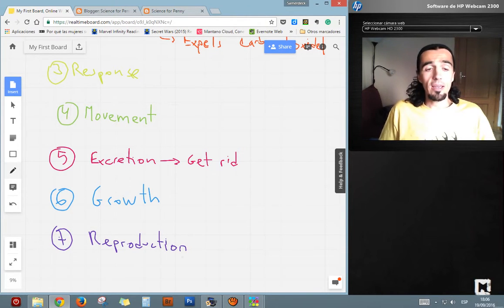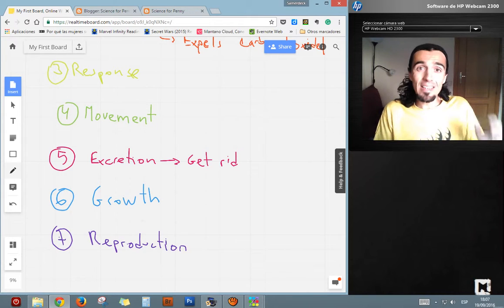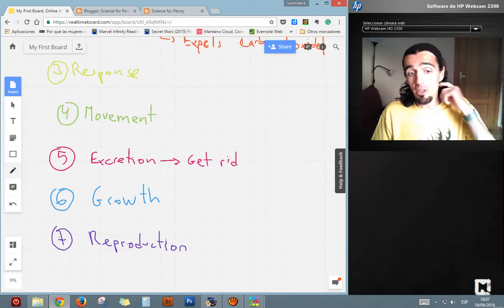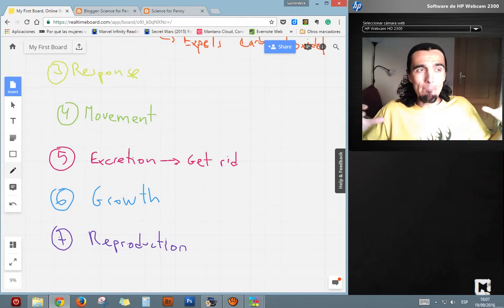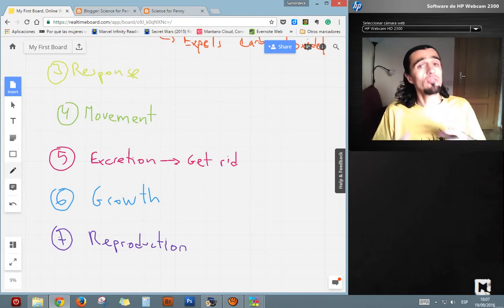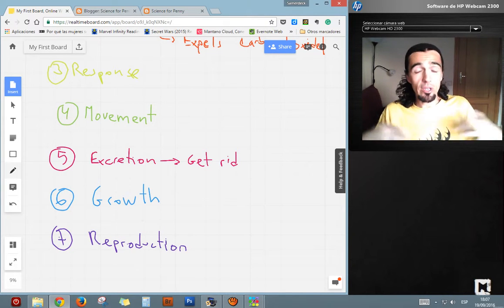Reproduction is in some way a kind of growth, because it's not the individual that grows, but the species, because reproduction consists exactly in getting more members of your species. If you are a human, reproduction for you is creating more humans.